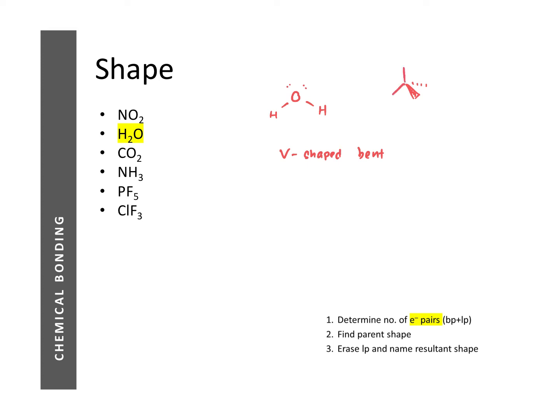In a conventional tetrahedral, the angle is 109.5, but if you can recall the rule, for every lone pair present on the central atom, you would subtract 2 from the bond angle. So the bond angle in water, your HOH bond angle, is roughly around 105 degrees.